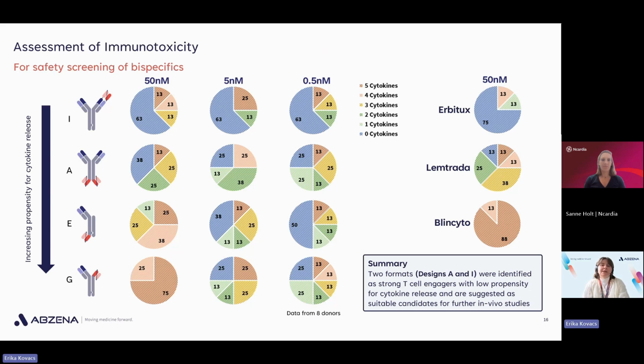As you can see, the cytokine release profile of these candidates is quite different. The ones at the bottom, E and G, produce a lot of cytokines and as such are a potential safety concern, whereas I and A are very similar to our low immunogenicity, low immunotoxicity control, Erbitux. So if we were to guide our clients on which candidates are the best to proceed with, we would suggest I and A.